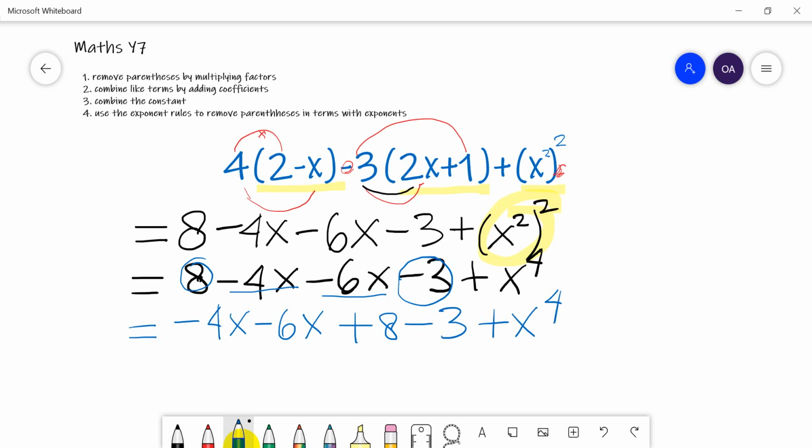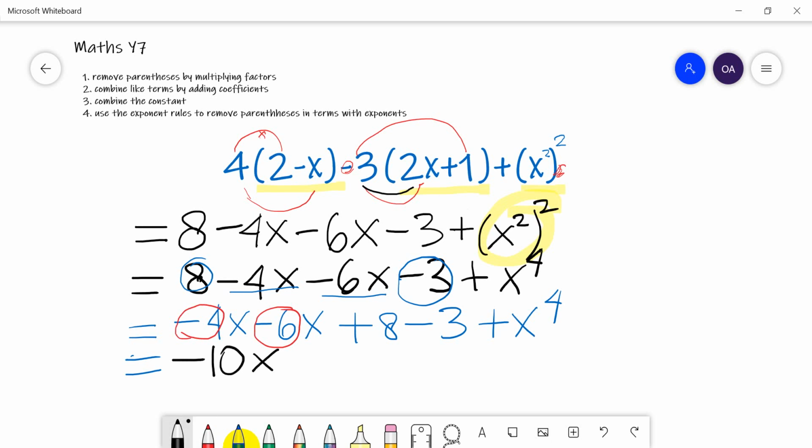Finally, we already got these steps. We can combine the like terms by adding coefficients. So we can add the coefficients of x: negative 4 plus negative 6. The result is negative 10x.